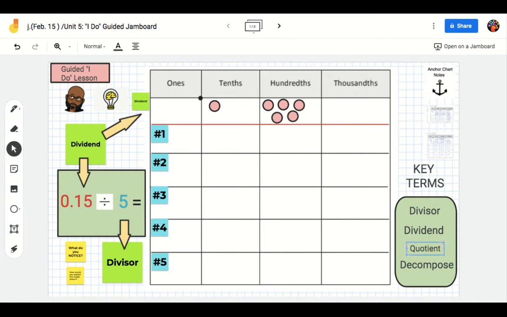How many equal shares of 5 are in 15? Starting with the tenths place, because I have 0 ones. All right, how many groups of this 1? Okay, I got 1 here. I got a problem. I don't have enough to share.